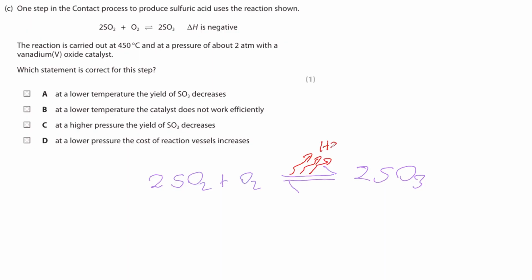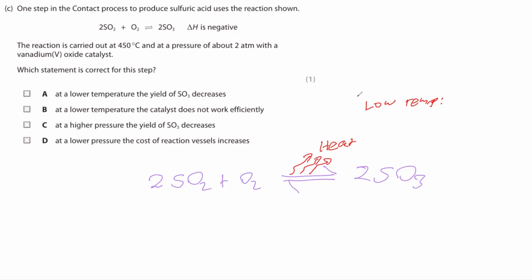They are giving out heat. So who will like to give out heat? A reaction will like to give out heat when the outside temperature is low. Because the outside does not have heat, what will happen? You will try to give heat to them. The reason is the system again counter-reacts against the change.